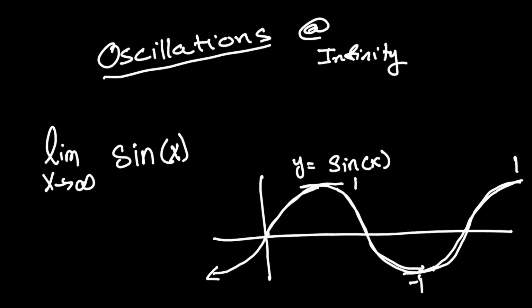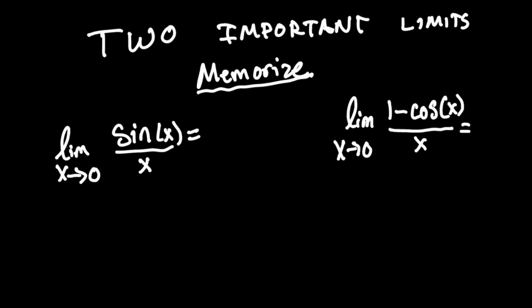So as we approach infinity, we're going to keep moving from 1 to -1, 1 to -1. Therefore, it does not hone in on a single value, and the limit as x goes to infinity of sine of x does not exist.